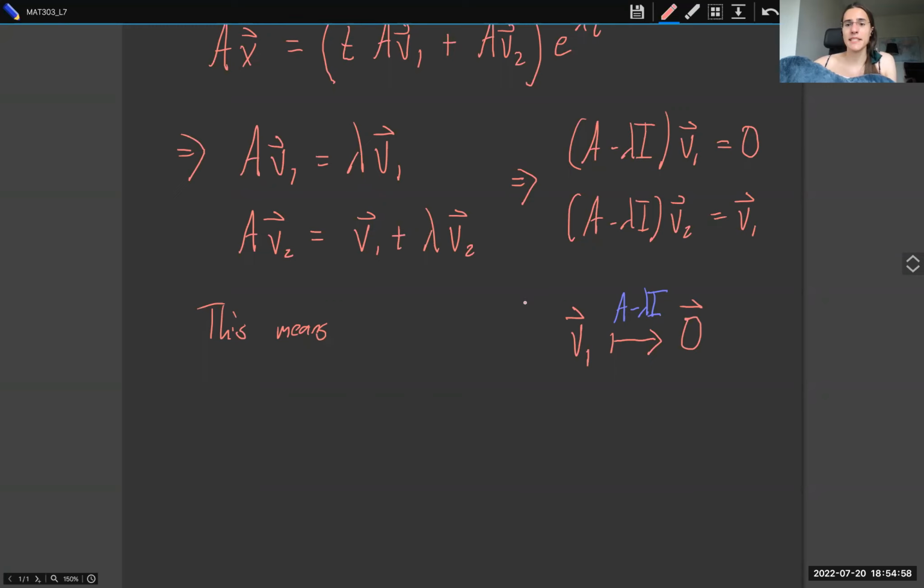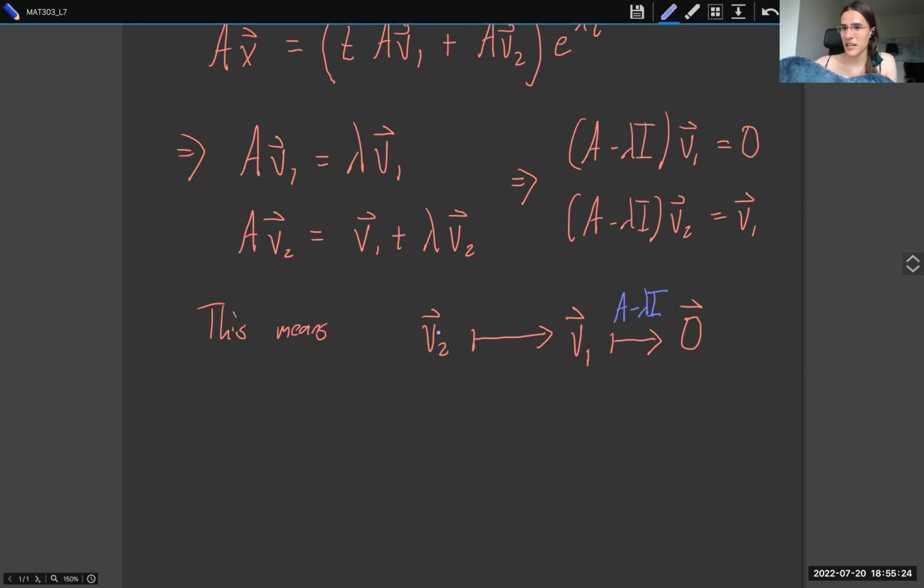And then look at this, A minus lambda I sends v2 to what? V1. Yes, so we get this interesting shape. We don't get two linearly independent things in the kernel. We get one linearly independent thing in the kernel, and then one thing that gets sent to the previous thing, which then gets sent to 0.